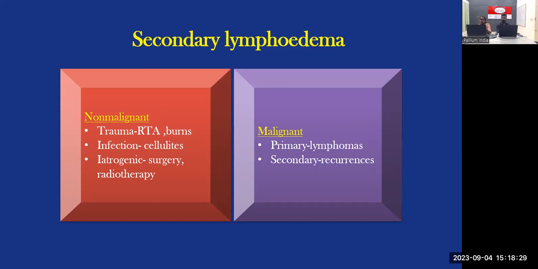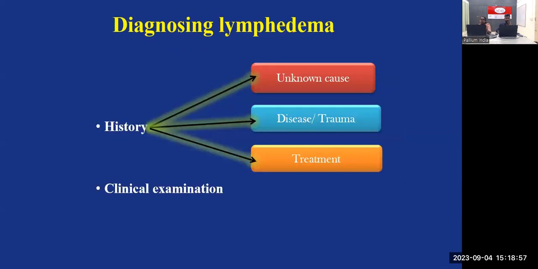We will remove the adjacent lymph nodes too. If we remove the adjacent lymph nodes, what happens? There is no lymph node in their axilla. So there is a chance of pooling of fluid into their affected arm. So that patient can develop lymphedema later. And coming to the malignant, primary lymphomas and secondary recurrence also. So these are the classifications of lymphedema.